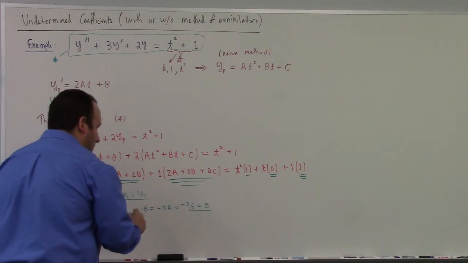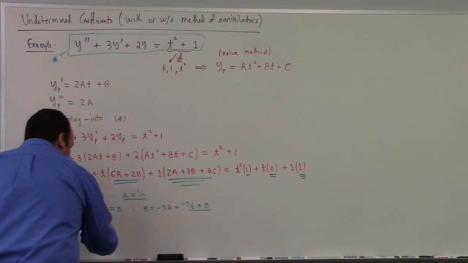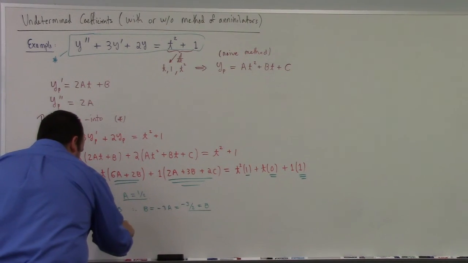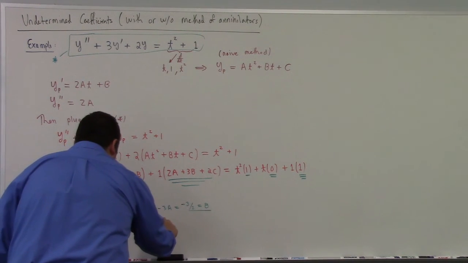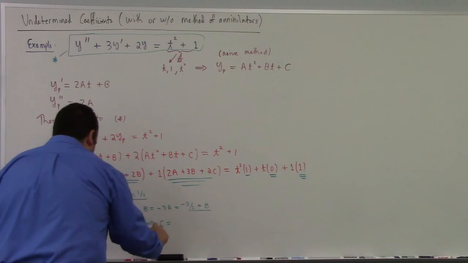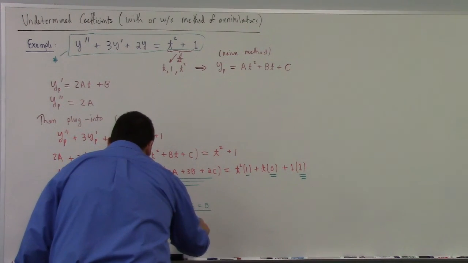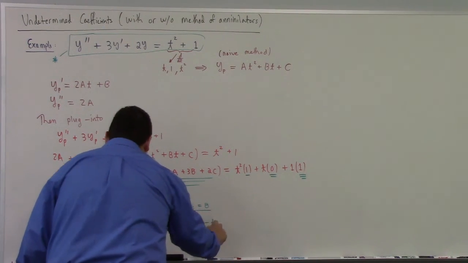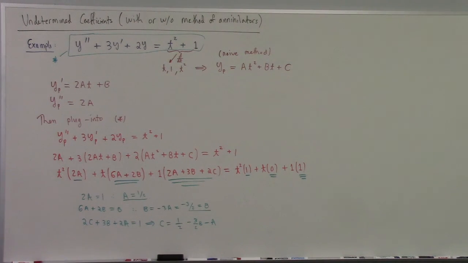And then I get 2c plus 3b plus 2a is equal to 1, which tells me that c is equal to 1/2 minus 3/2 b minus a. See what I did there? Just solve for c.